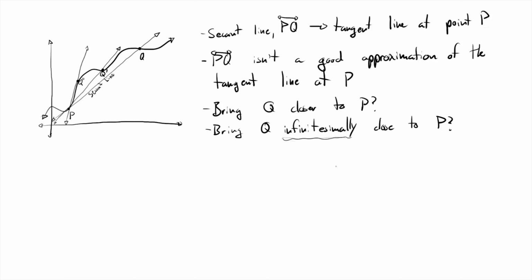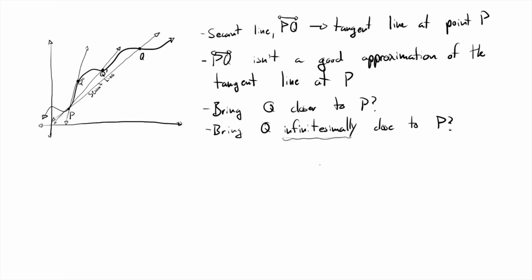We want to bring the point P and the point Q so close together that they are the same point, and then we will be able to know what our tangent line is. Now it's important to know that P and Q can never actually equal one another, because then we would just have one point.